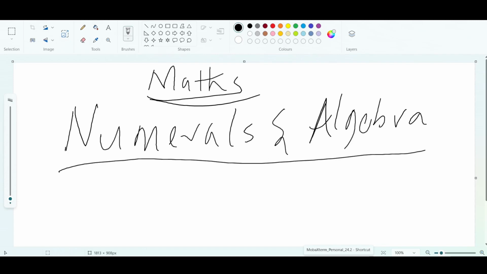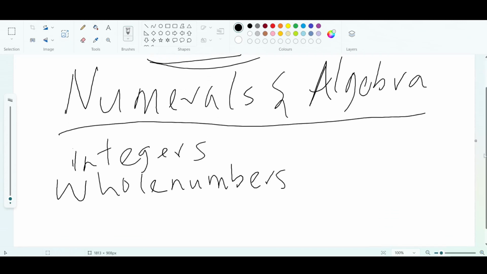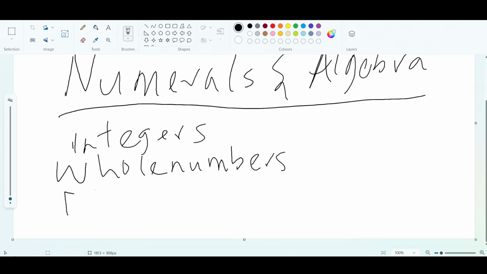So first, we need to understand the common types of numbers that we have. We have the integers. We have the whole numbers.